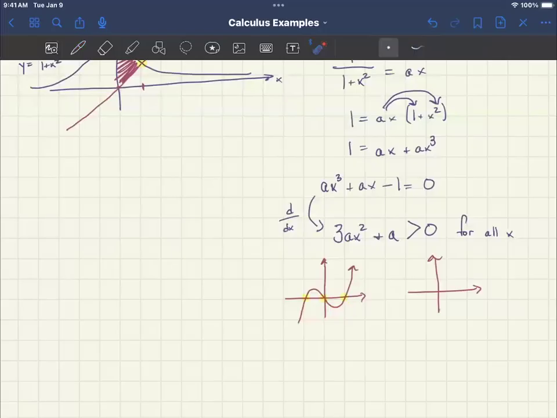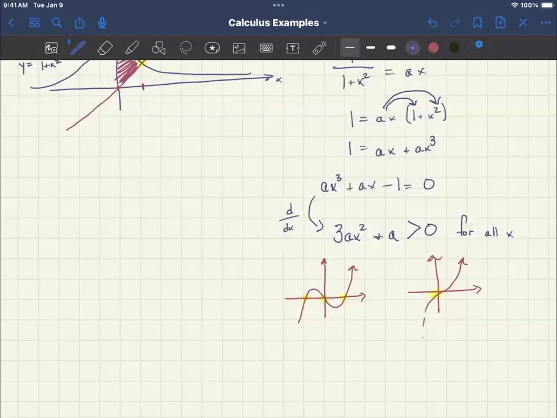The other thing that might happen for a cubic equation is it hits our x-axis once, and then it keeps on moving up. So this one has one root because it only crosses the x-axis once. We don't know exactly where that is in this particular problem, but we don't need to. That's okay.